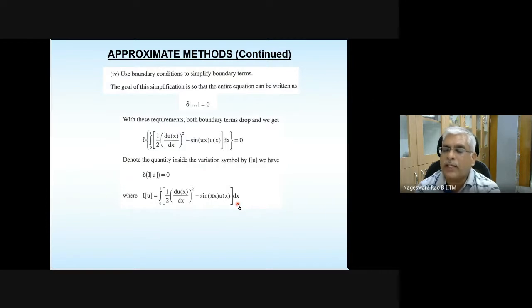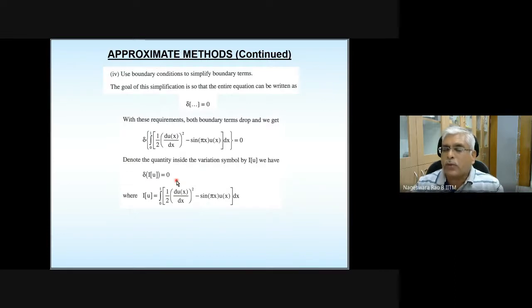At this stage we need to assume some trial solution of u. So let u be a quadratic trial solution, similar to what we did for weighted residual method.